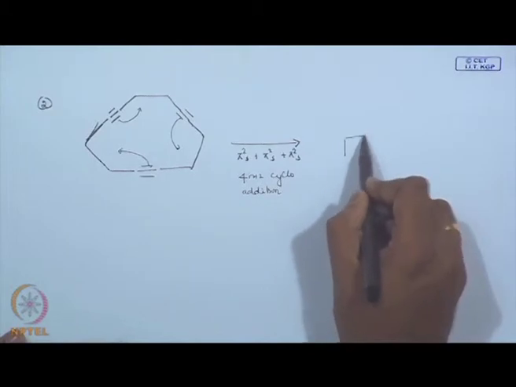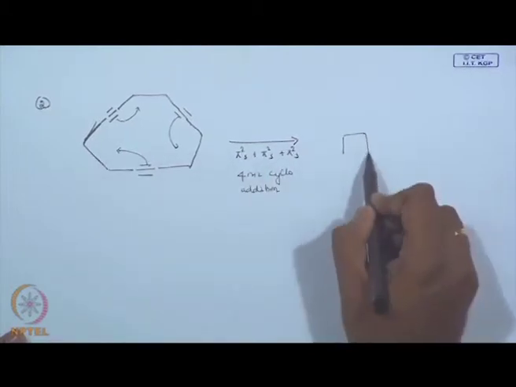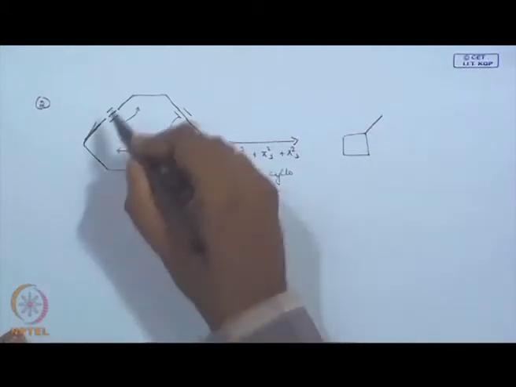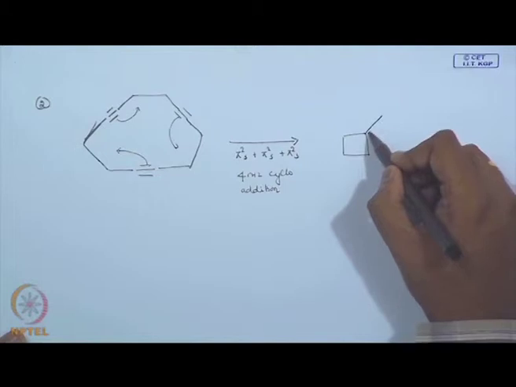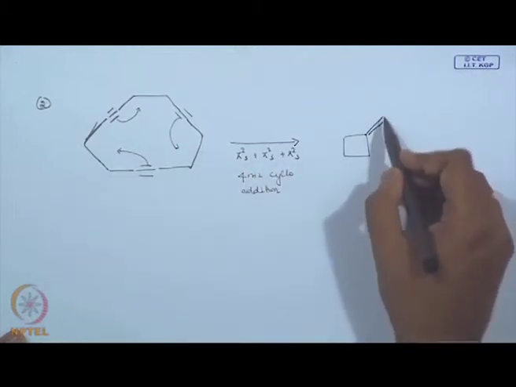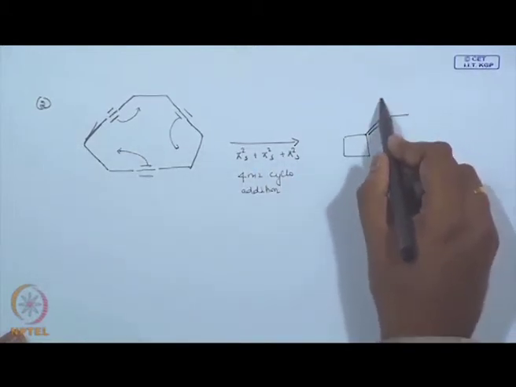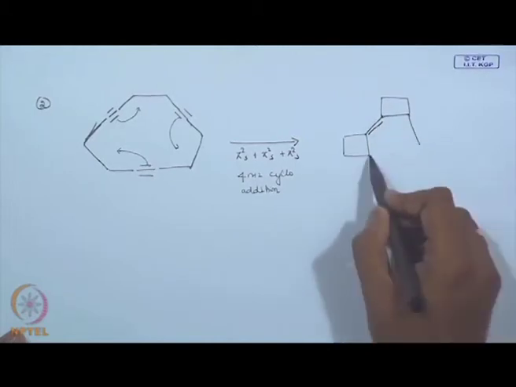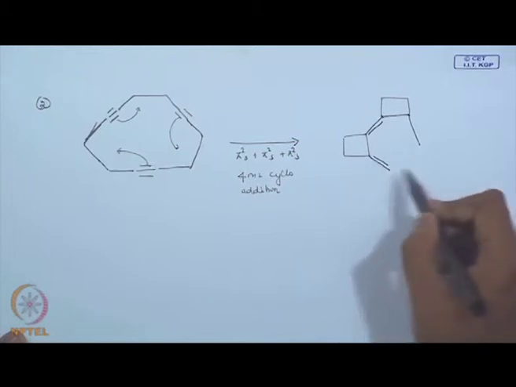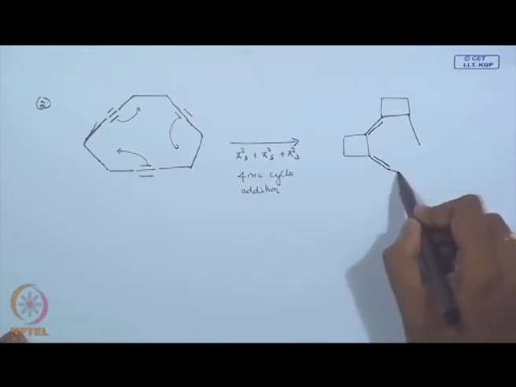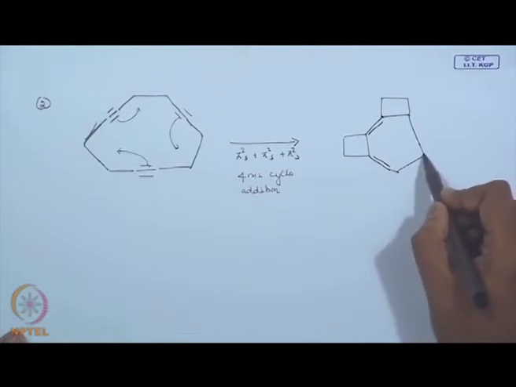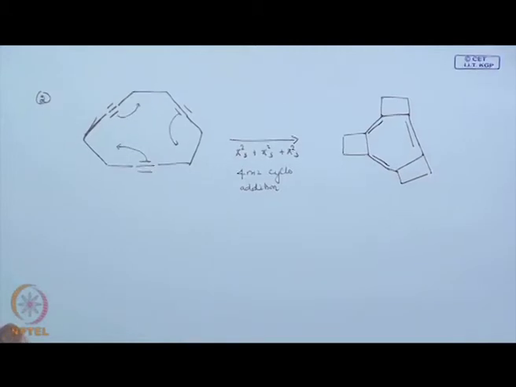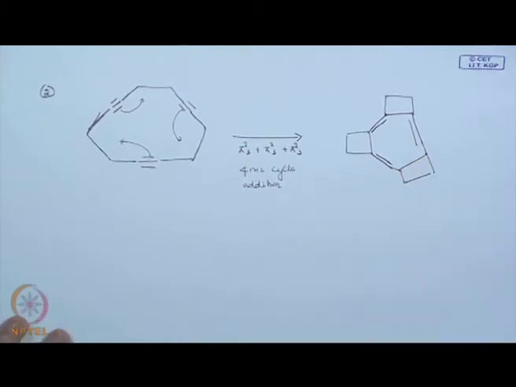Now, if I close this one, I have a system like this. Then I have this double bond, which was earlier a triple bond, now it has become a double bond. Because it is closed, we have a nice system like this now.